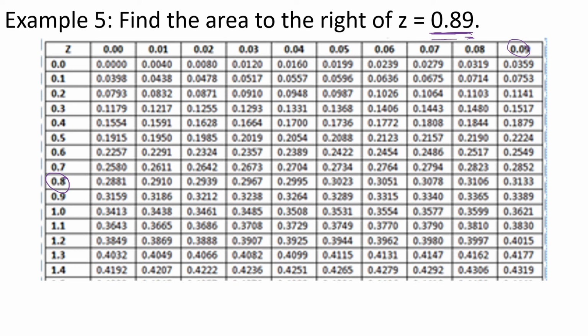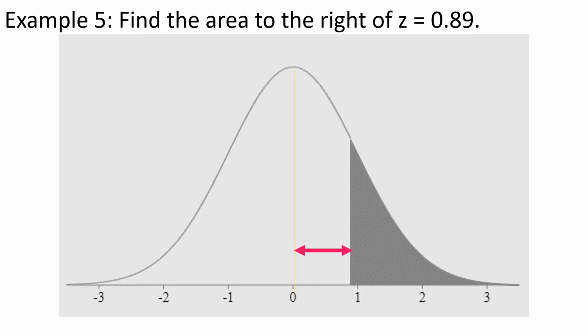And this column and this row will meet at this cell or at this value. This is the area from 0 to 0.89. That's 0.3133. So from the table, we've known that the area of this unshaded region is 0.3133.